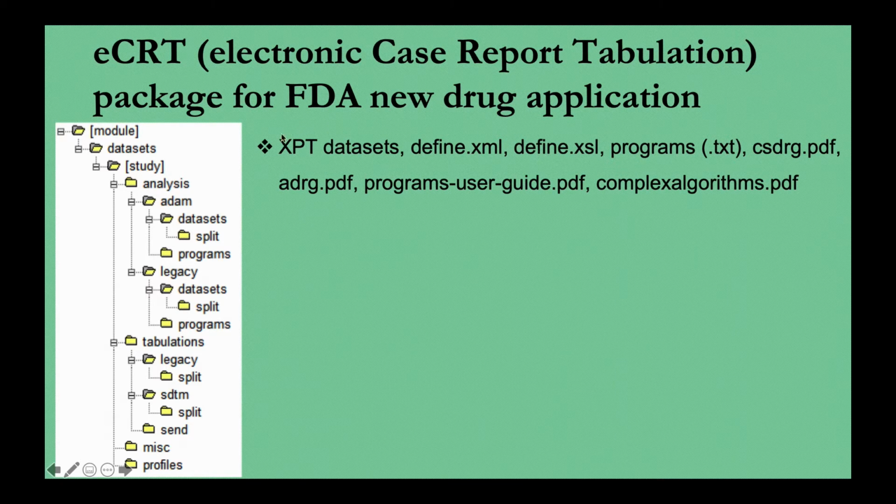These three types of files for ADaM dataset, you will put under the datasets folder here. And for tabulations, your SDTM dataset also has these three types of files and will be put under this folder.